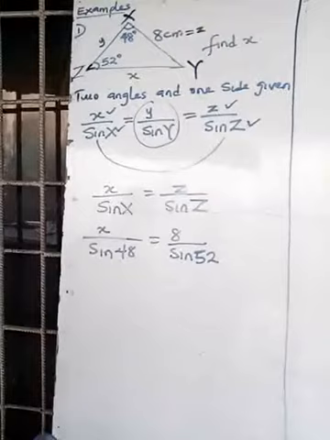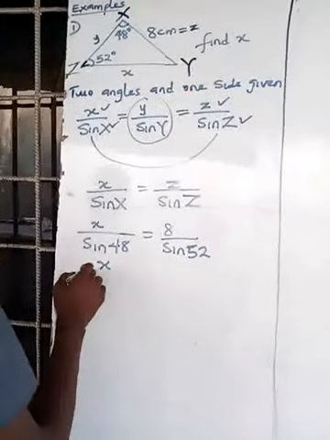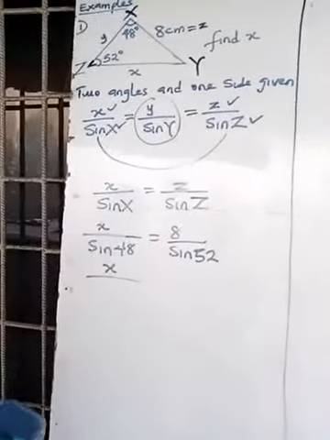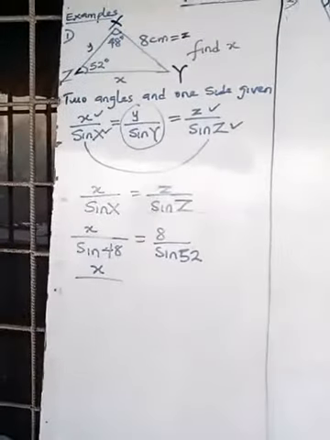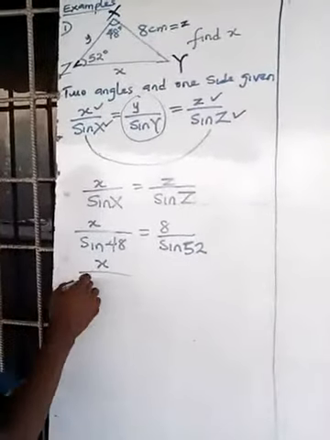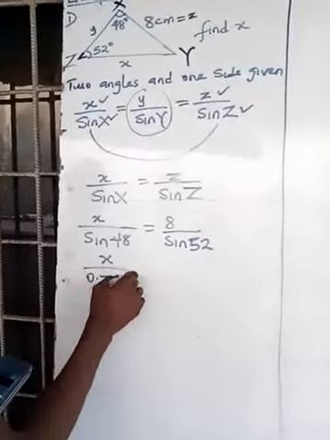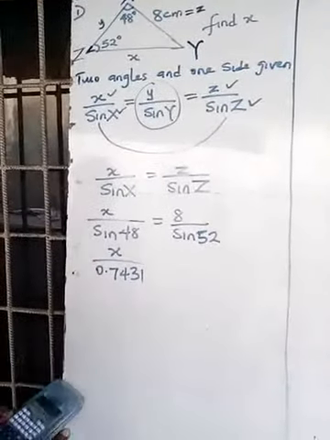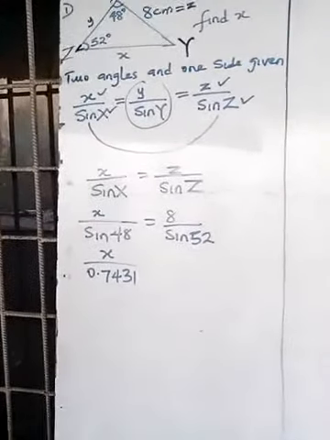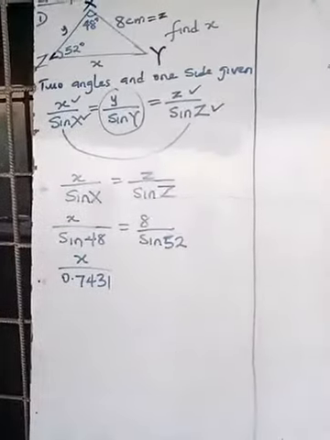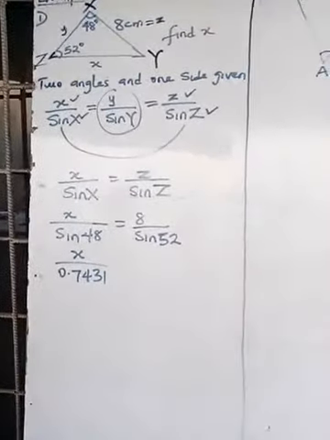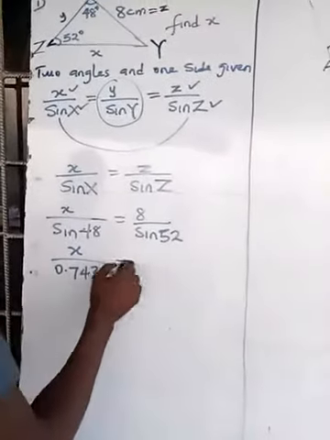We'll use our calculator. So we have sine 48. You make sure the angle is in degrees. That's 0.7431. So 4 decimal places is okay when you are looking for the sine, cosine and tangent. 4 decimal places, the accuracy is okay.